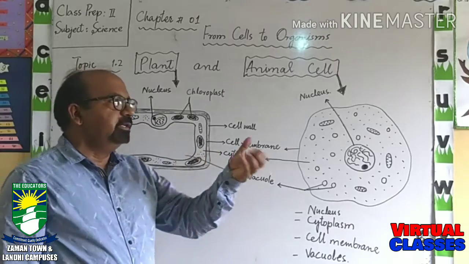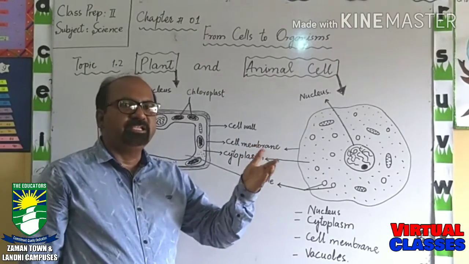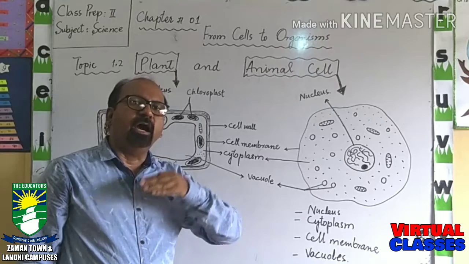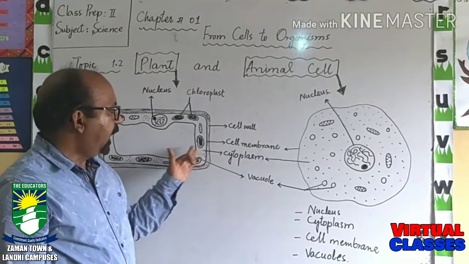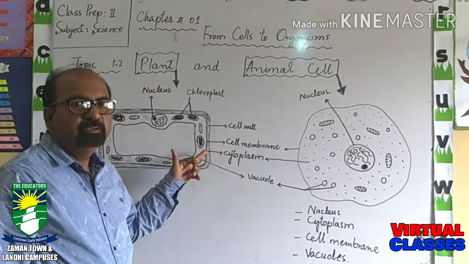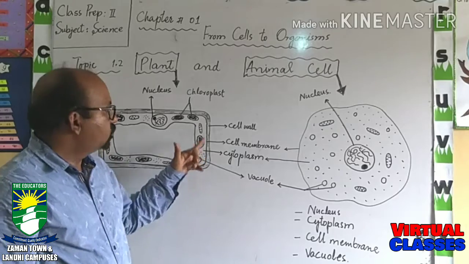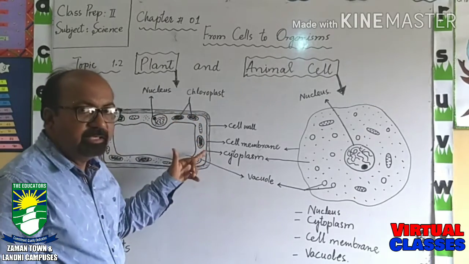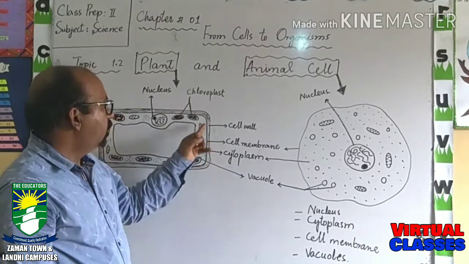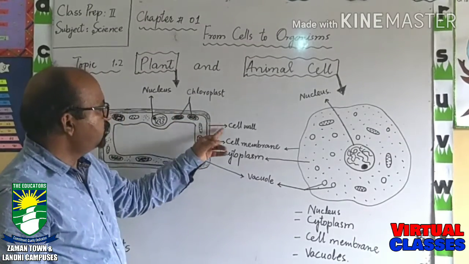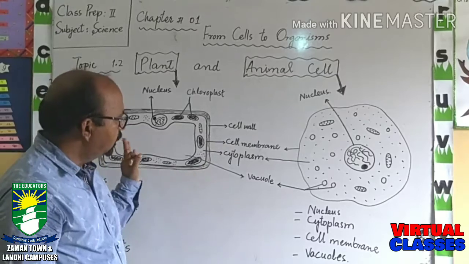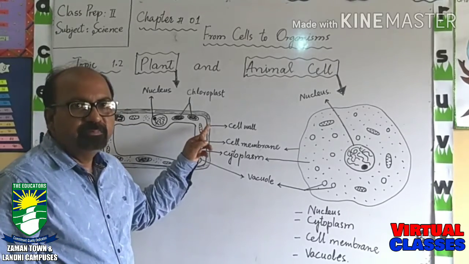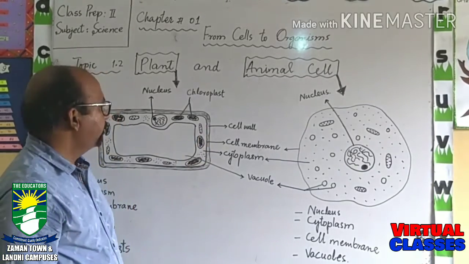All the material which is exchanged into and out of the cell has to pass through the cell membrane. So this is the second, thinner layer of the plant cell. The first layer is the cell wall and the second layer is the cell membrane.